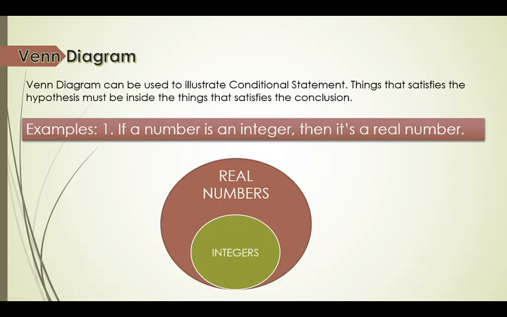Bakit? Because if a number is an integer, kapag daw itong number na to ay integer, then ito ay sakop, no? Ito ay nasa loob lamang ng real numbers because an integer is a real number. So we are using here a Venn diagram.